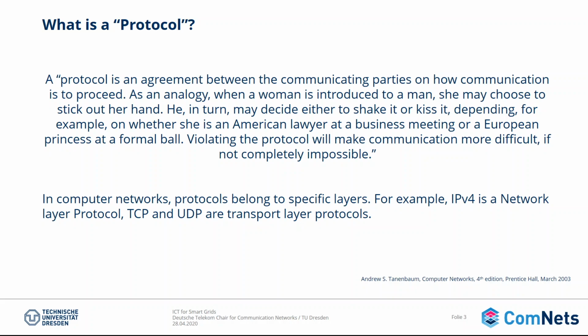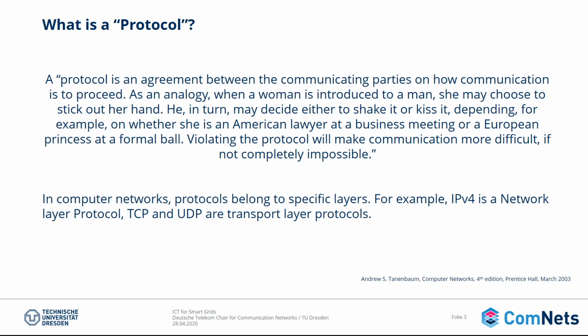Now, in computer networks, protocols belong to specific layers. So, for example, IP version 4 is a network layer protocol, while others like TCP and UDP are transport layer protocols. And we have spoken last time about different layers.